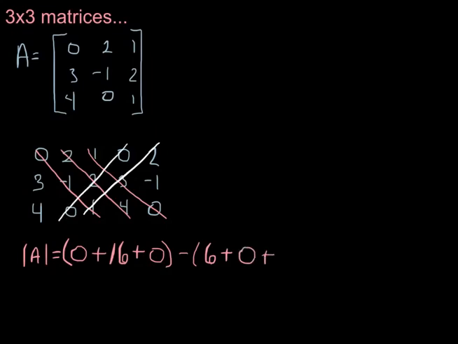And then the third, we've got 1 times -1 times 4, which is -4. So that's 16 minus 2, which is 14. So the determinant of A is equal to 14.